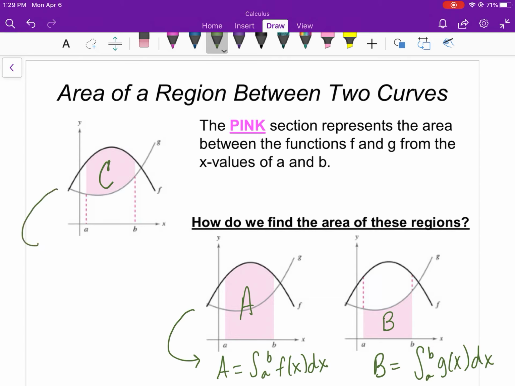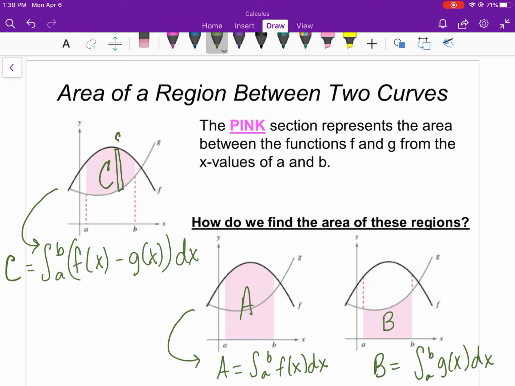So this integration will look like the area of the whole thing minus the area underneath. So basically, you're going to be taking this top curve, this is function f, and this is function g.